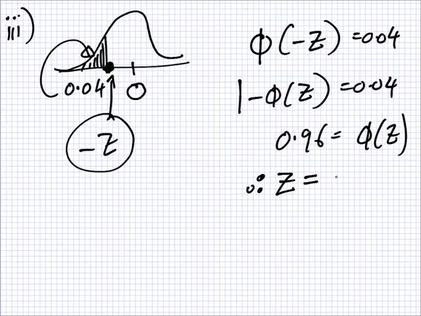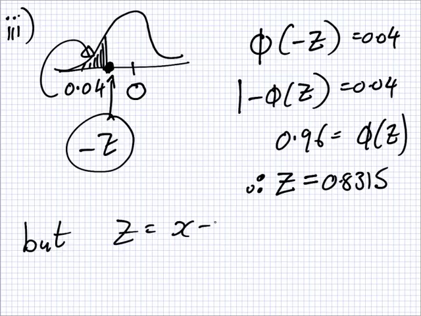You're looking the other way around. You have to find an answer of 0.9600. 0.8315. But remember, z equals x minus mu over sigma. What's mu? 40. What's sigma? 4.